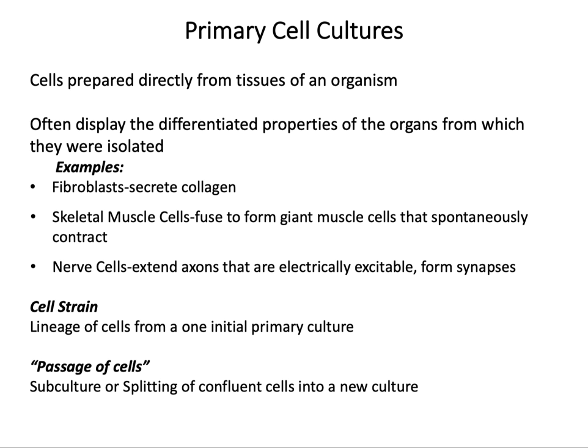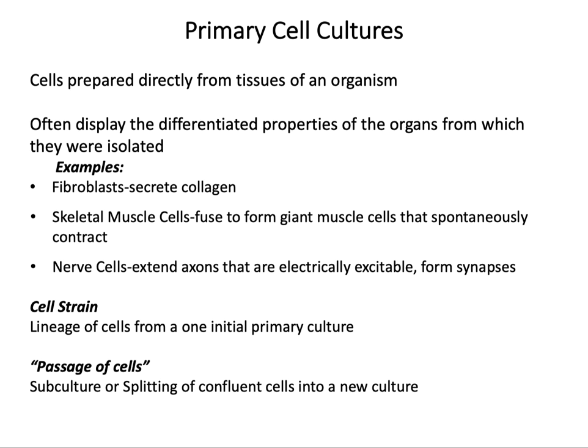For example, primary fibroblasts will secrete collagen, skeletal muscle cells will fuse spontaneously and contract, and nerve cells will form synapses and communicate with each other electrically. The disadvantage of the primary cell culture is that the cells have a finite doubling somewhere between 50 and 100 times in the cell culture.